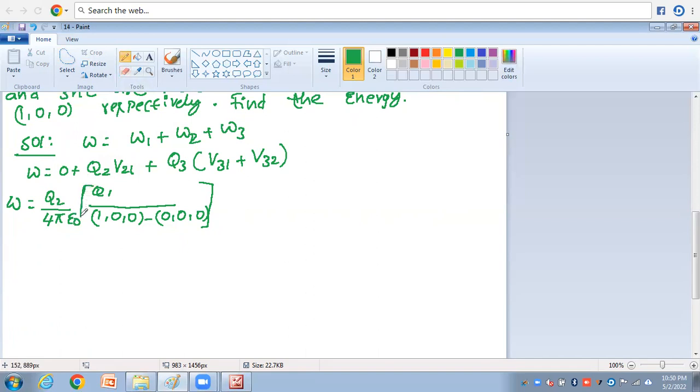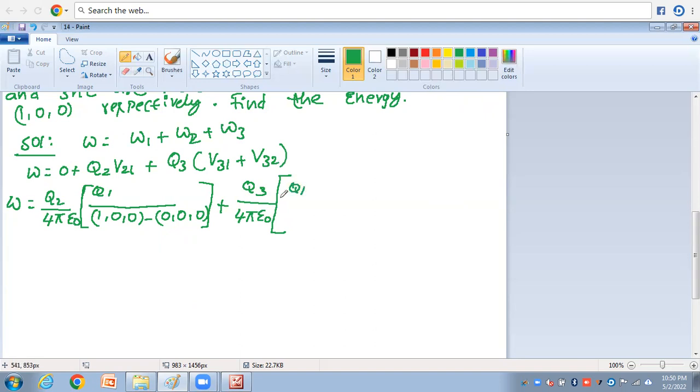Clarity is very, very important. Right? Now, this plus Q3 you can write as it is, Q3 by 4 pi epsilon naught. Same here, the 4 pi epsilon naught is also common. Then take a little bit long bracket. We have to write 2 points because V31 plus V32.